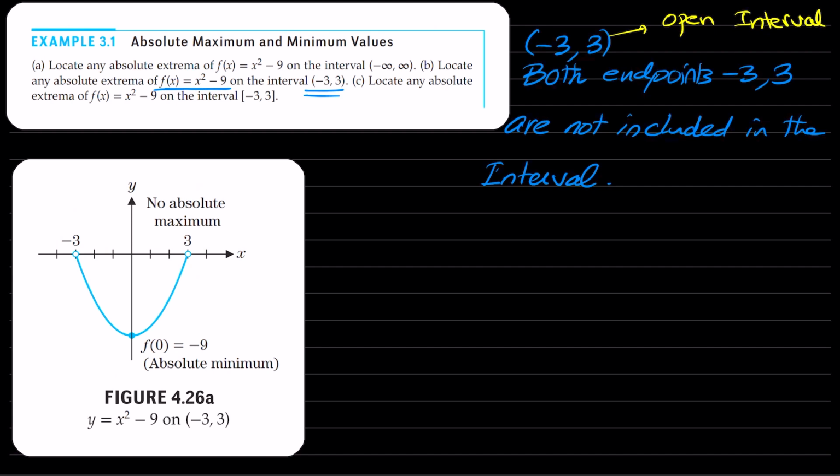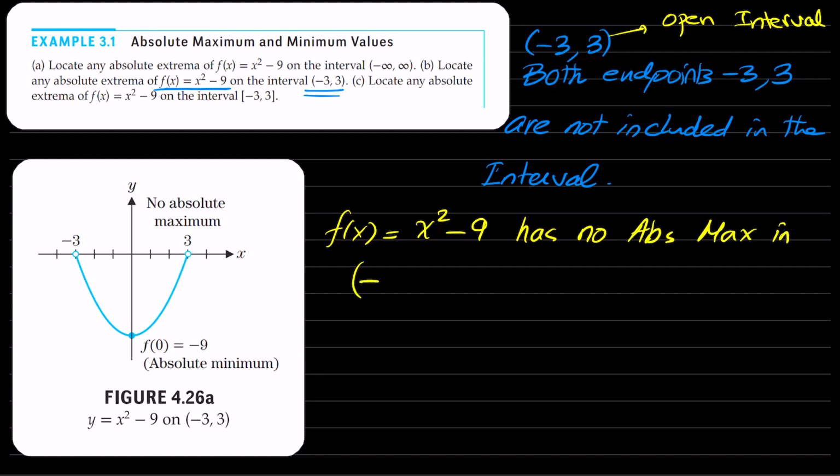If we search for the maximum value, f of x has no absolute maximum in the open interval -3 to 3, because we can't find a highest point for this graph.